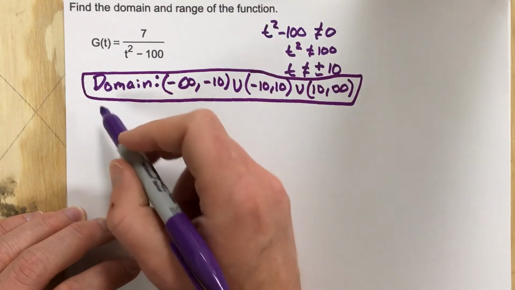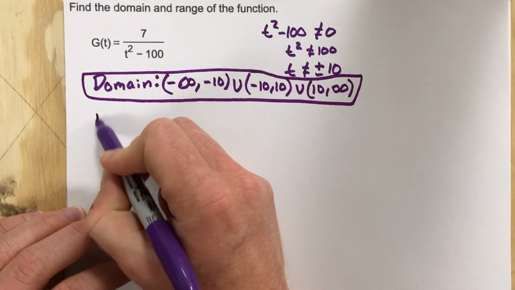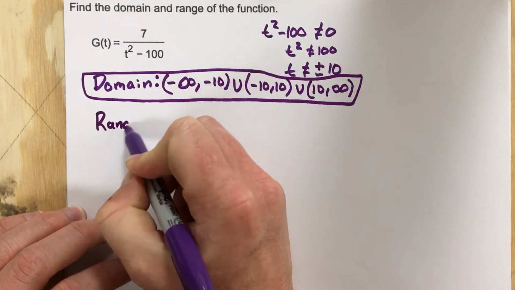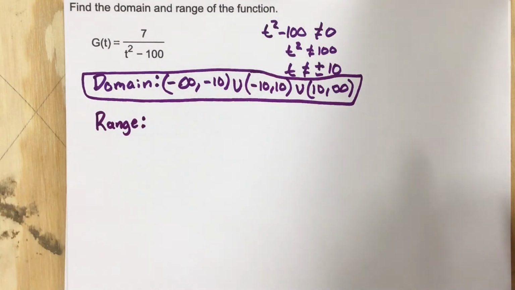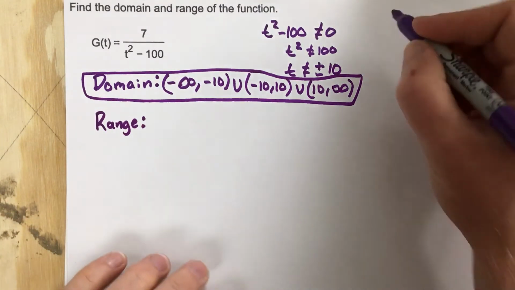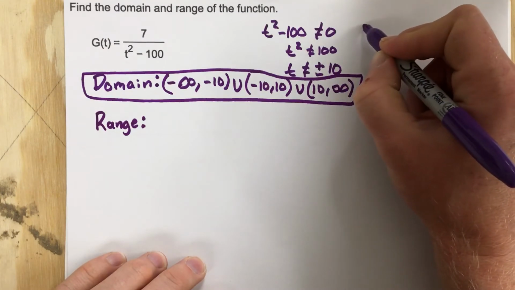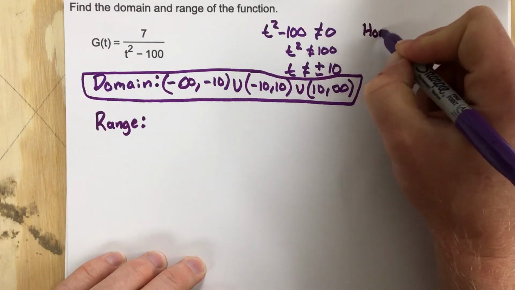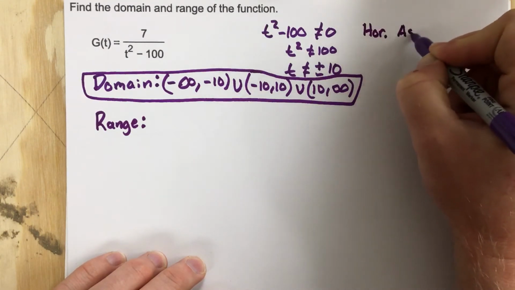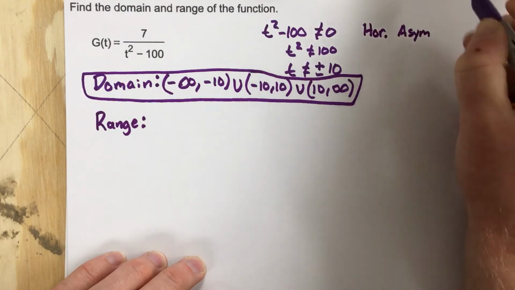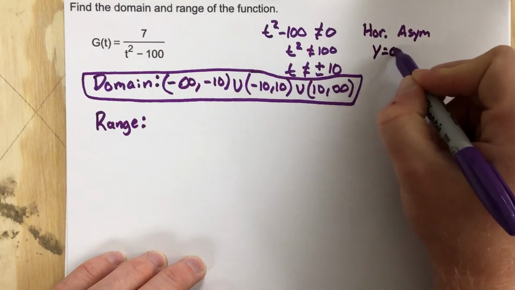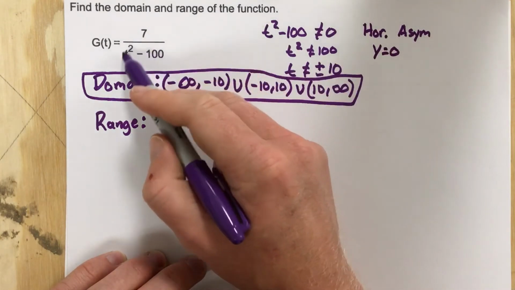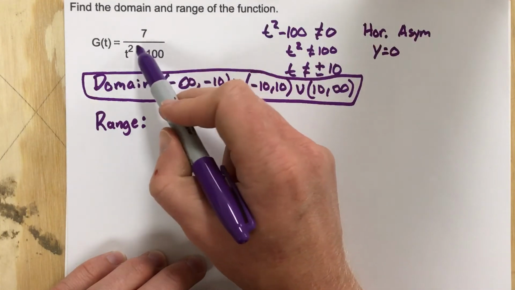Now the range of the function is going to be a little bit more tricky to figure out, I think. The first thing we can do is figure out the horizontal asymptote. The horizontal asymptote is going to be y equals 0, because this is bottom heavy, right?